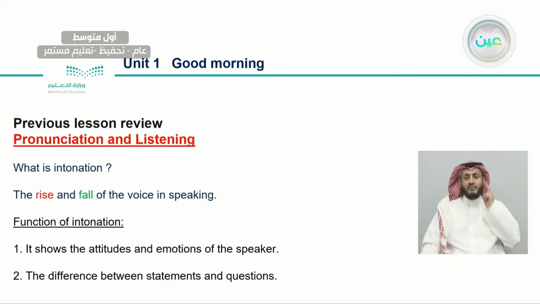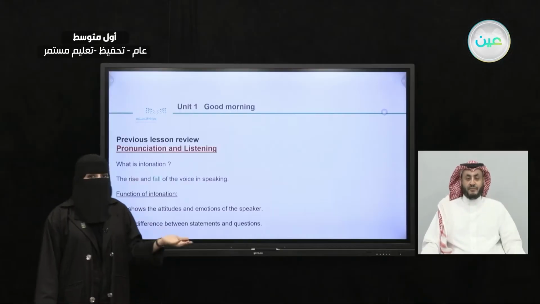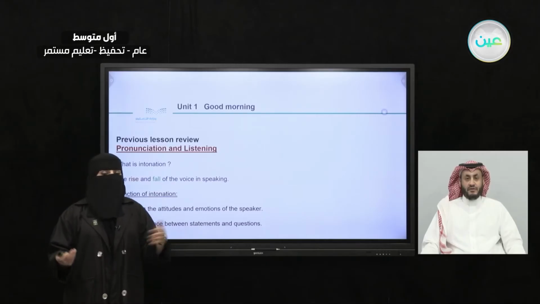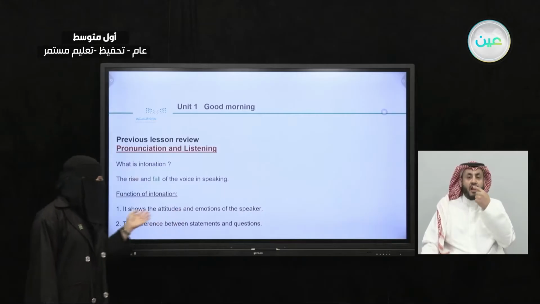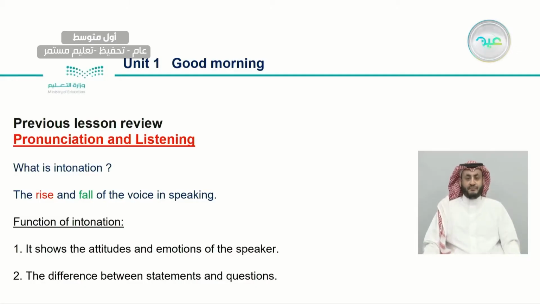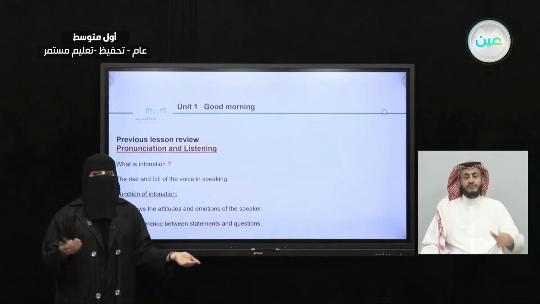What does that mean? We can tell if a person is asking a question or maybe wondering or want to tell us something just by the tone of voice, okay? Number two, the difference between statements and questions. It's really important in a language to differentiate between the sentences and questions.